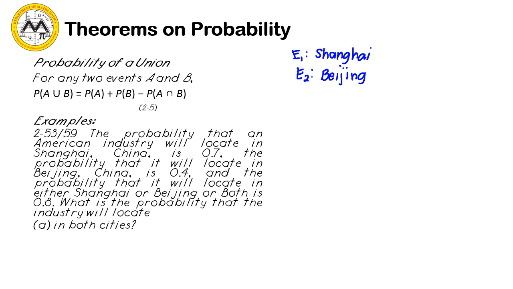The probability that American industry will locate in Shanghai, China is 0.7, so the probability for event 1 is 0.7, while the probability for event 2, for Beijing, China, is 0.4.